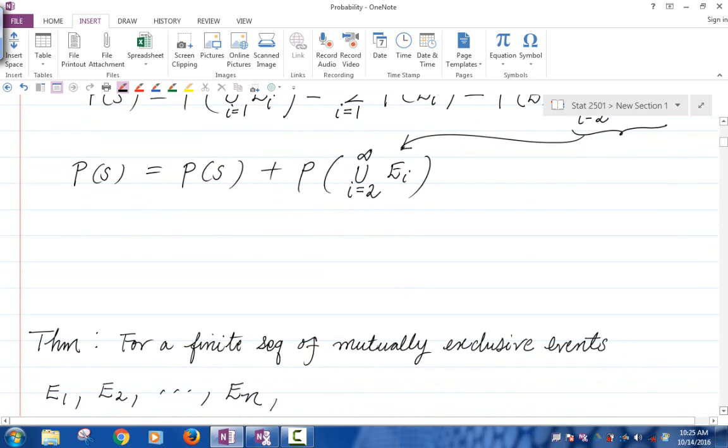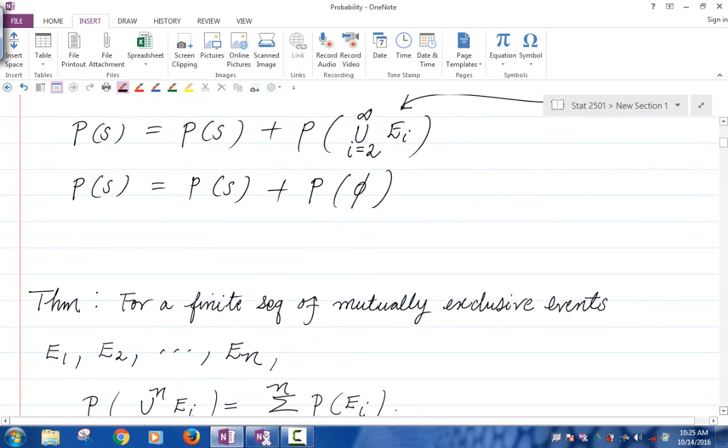And so now I have the probability of S is equal to the probability of S plus, what is the union of the Ei, i going from 2 to infinity? Well, since i goes from 2 to infinity, each Ei is empty. Therefore, the union is empty. So this is exactly the probability of the empty event. Well, now it's clear.